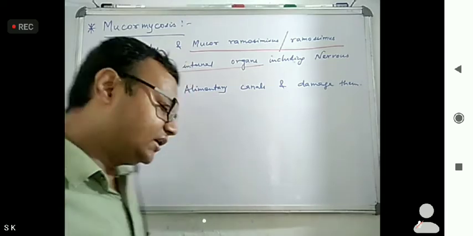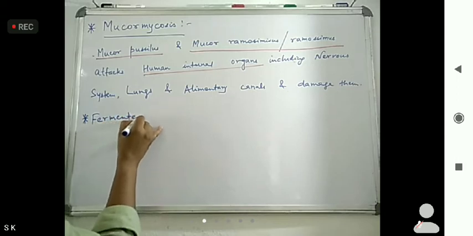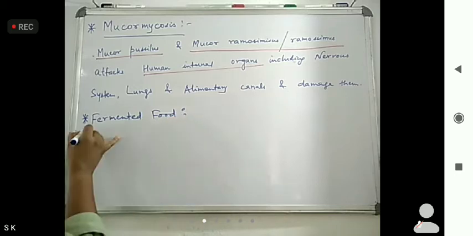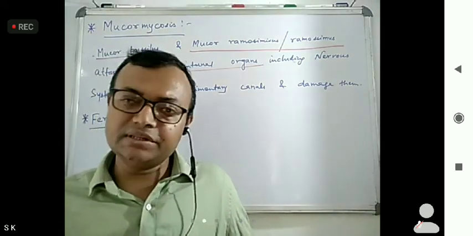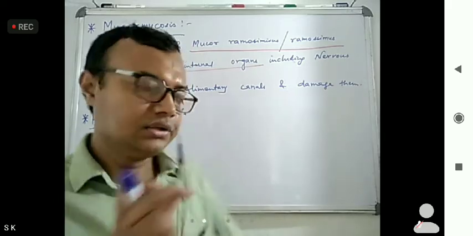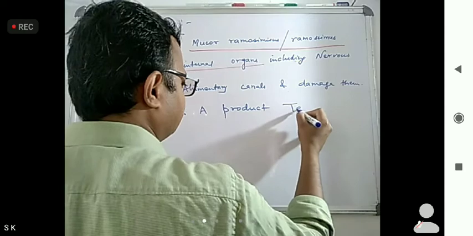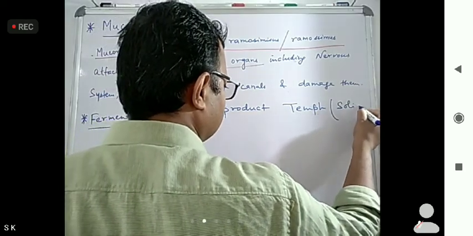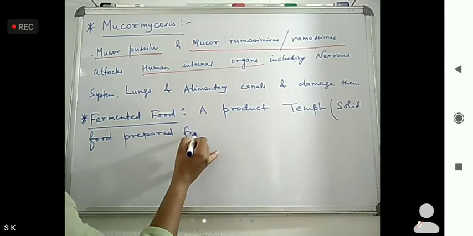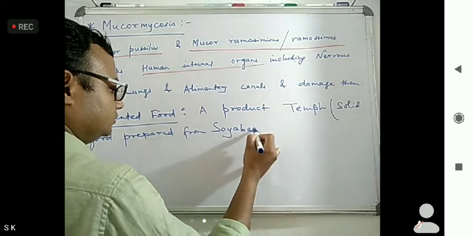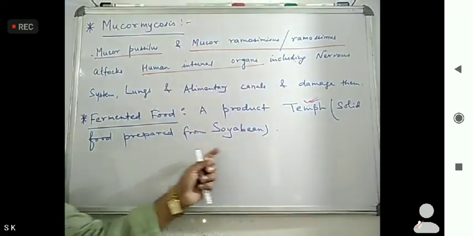Now, next, if we are seeing fermented food, this fermented food is prepared, that is their beneficial role. Okay, so come on that, fermented food. Now this fermented food example is tempeh. What do you mean by tempeh? It is a solid food prepared from soya bean.